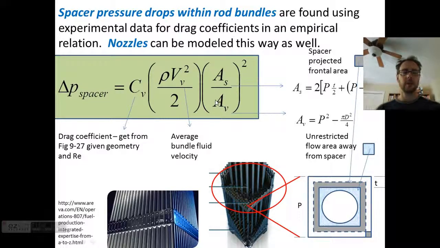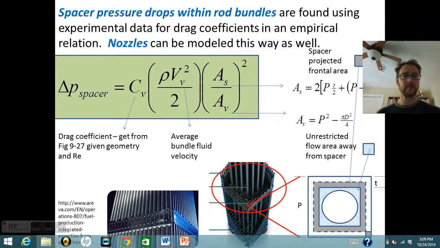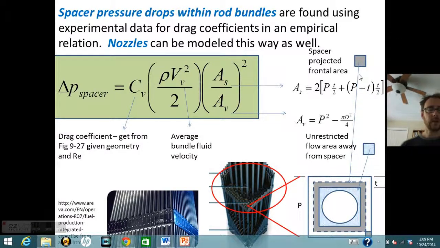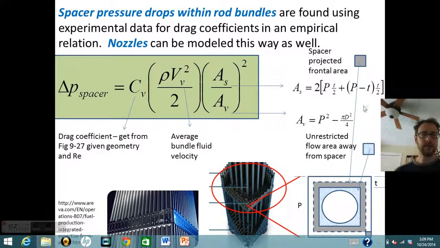So we have the unrestricted flow area away from the spacer, which is the area here or here between the fuel rods with no spacer there. That's AV. And then we have A inside the spacer, where the spacer takes up some of the space. So we have our spacer area here. So you'll see on this diagram that I've got a fuel pin.